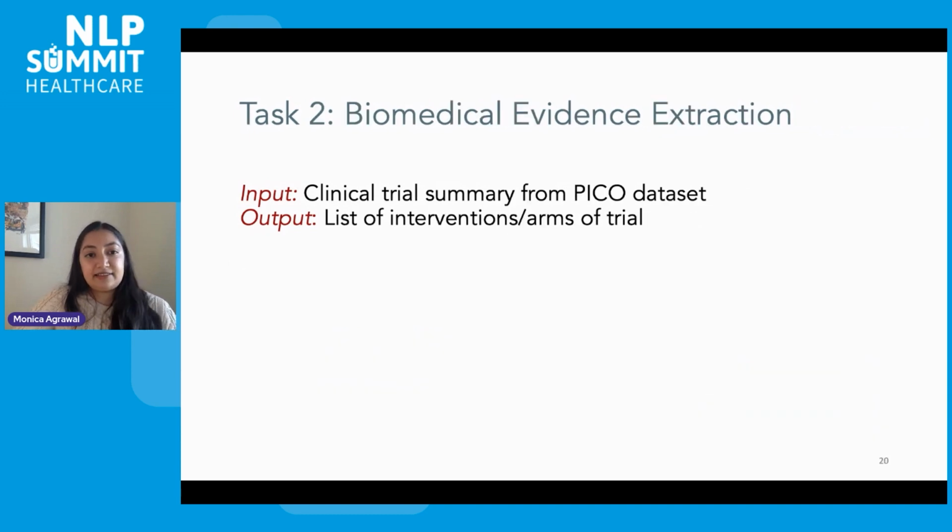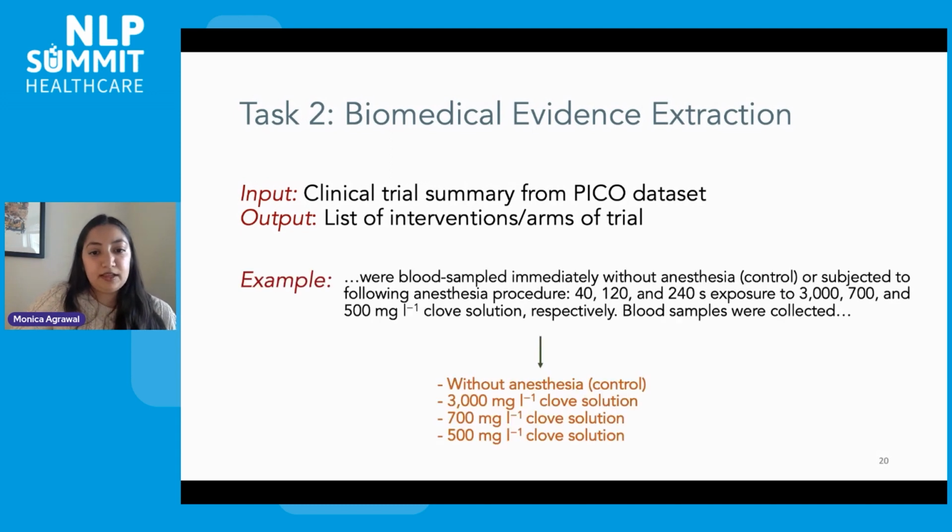The second task that we look at is biomedical evidence extraction. The input here is a clinical trial summary from the PICO dataset, and the output is a list of interventions and arms of that trial. So here's an example in which what we desire is a list of the different arms of the trial, shown in orange.